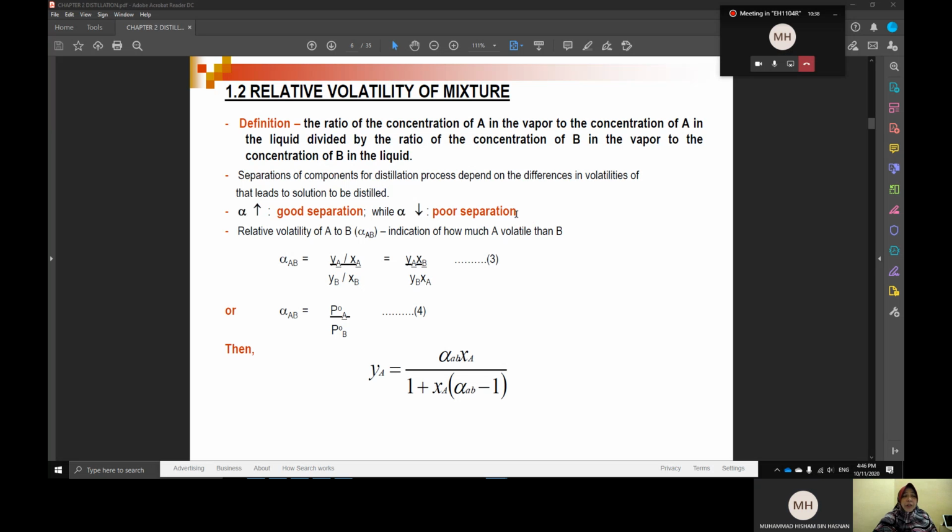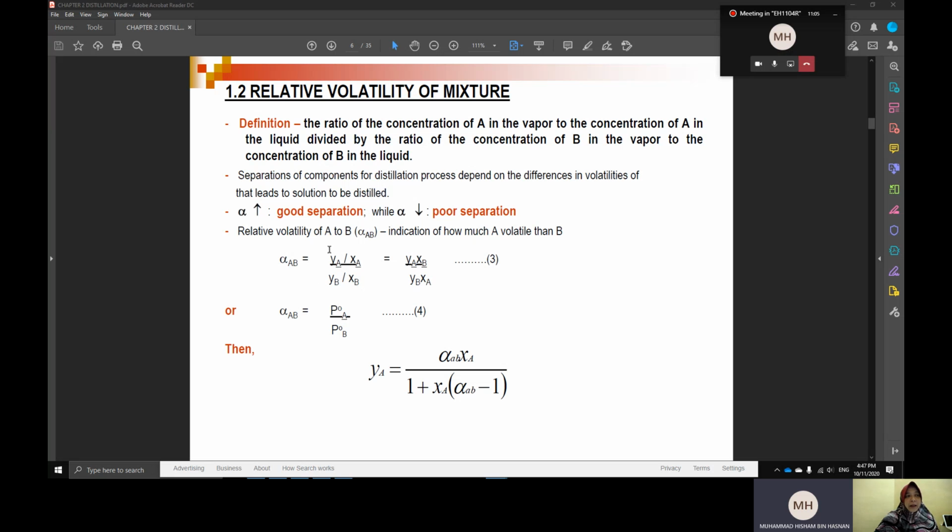When we talk about separation, you need to have good separation, at least. Good separation means that maybe you can have 80% purity of what you want, or maybe 90% purity. So your alpha can be a number less than 1, where you get poor separation, or more than 1, good separation.